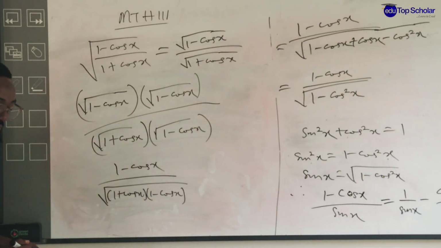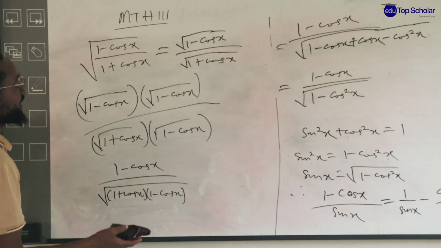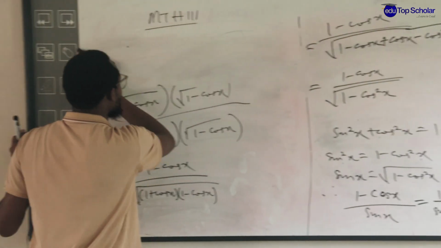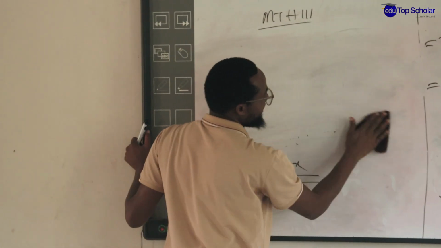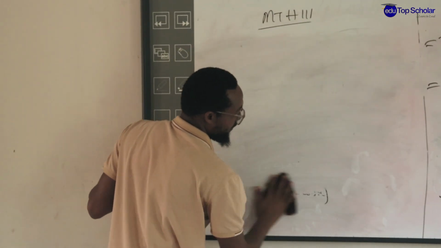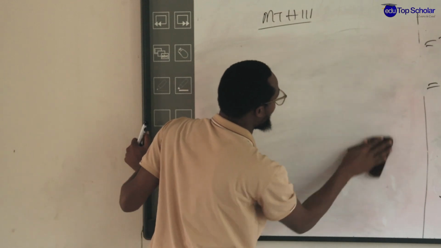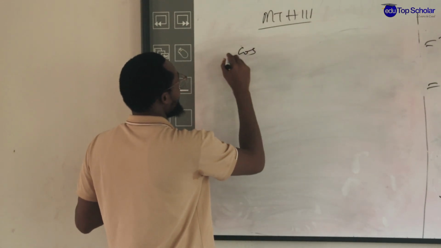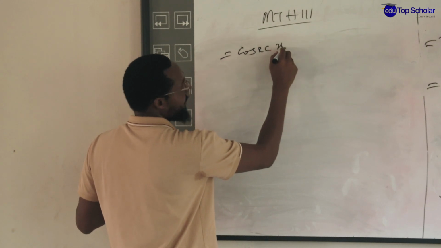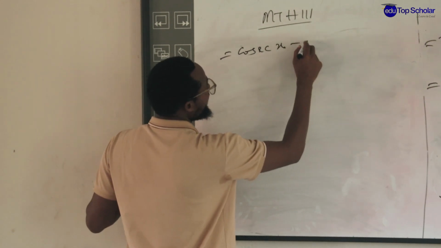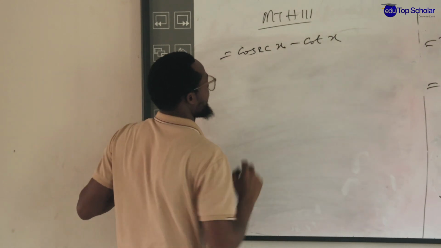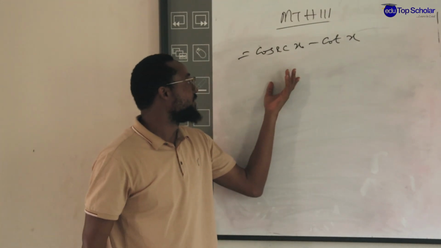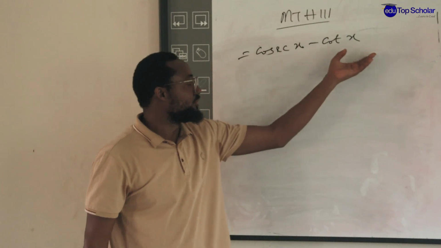And we know from the knowledge of trigonometry that 1 all over sin x is equals to cosec x, and cos x over sin x, that one is equals to cot x. Therefore, all of this is equals to cosec x minus cot x.